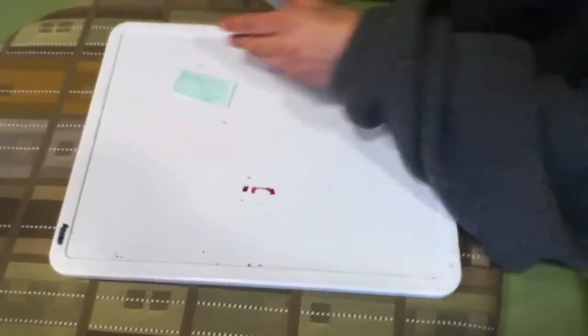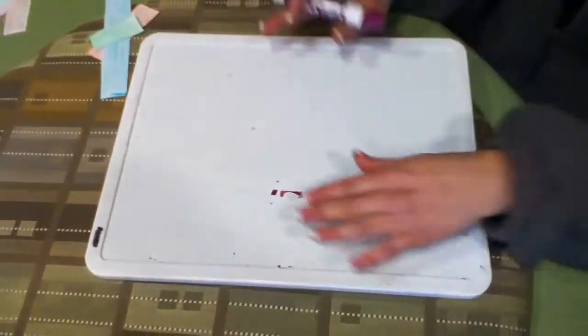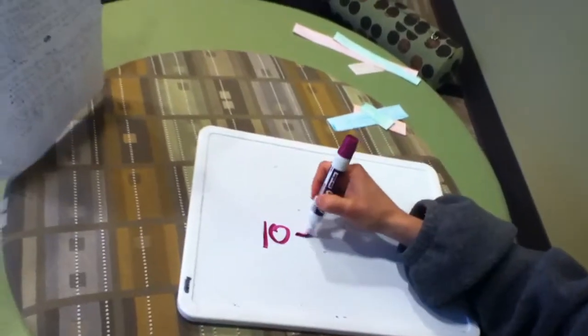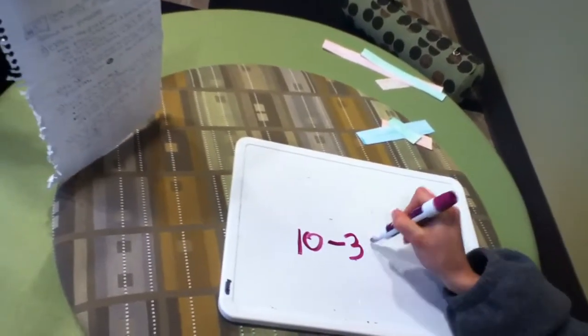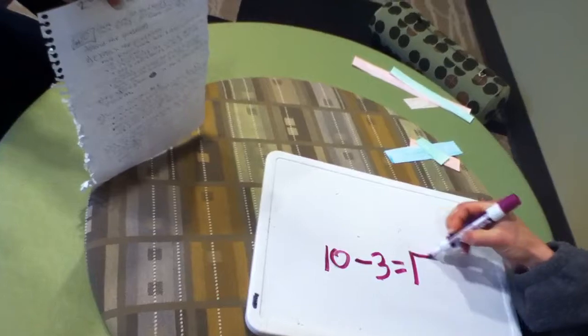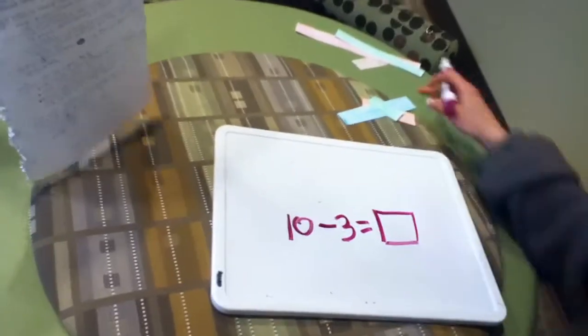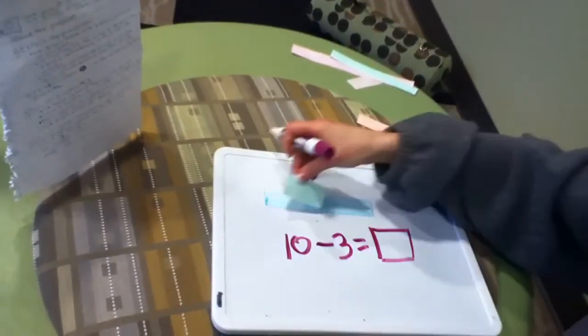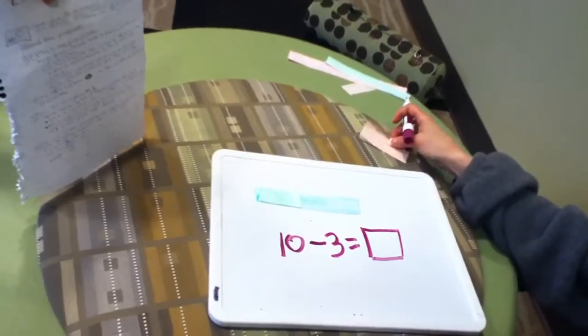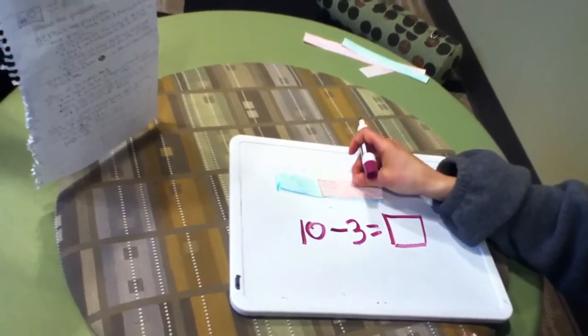And these equations can be, we can have the 10 children all together minus the boys to find the missing part. And 10 minus 3 would equal 7.